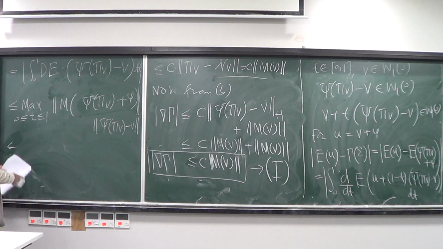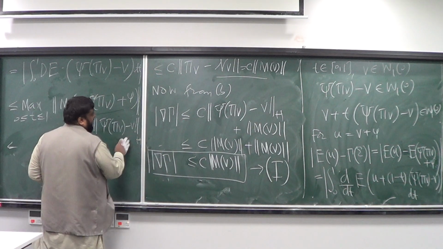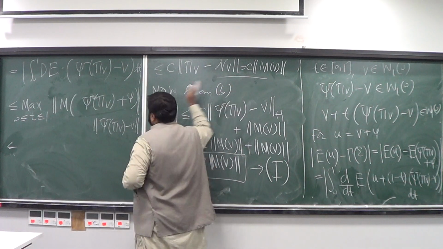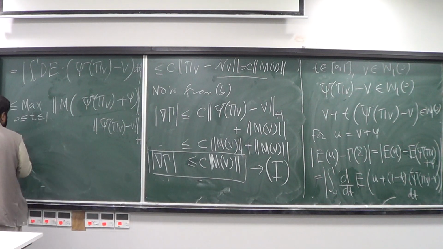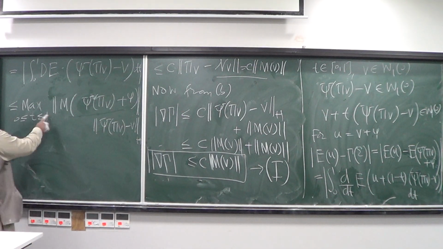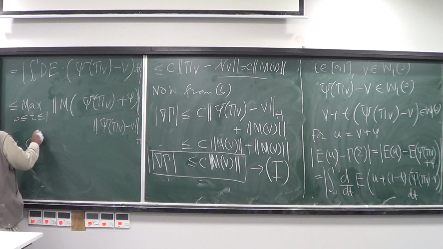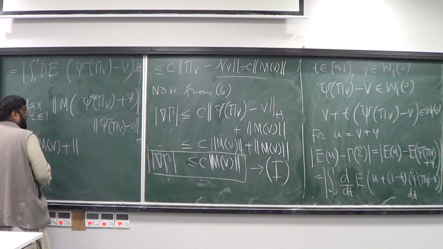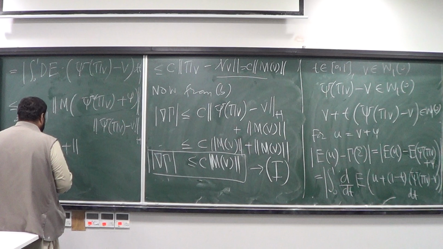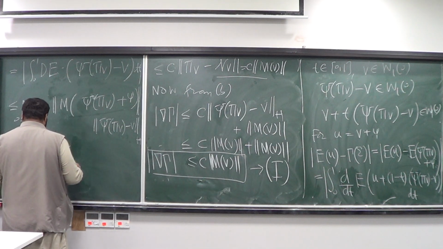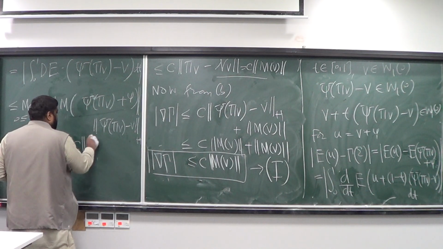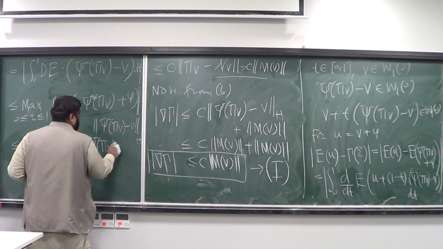And now I can estimate. I already know that I have an estimate on this term, psi of pi v minus v: it is c times the norm of M of v. You can also have an estimate on this: it is bounded by the norm of M of v plus a constant c times psi of pi v minus v.